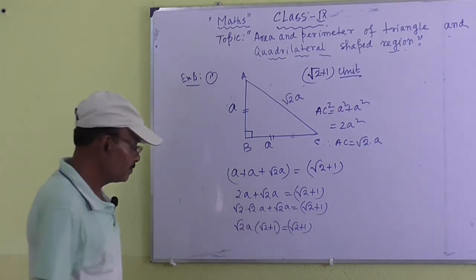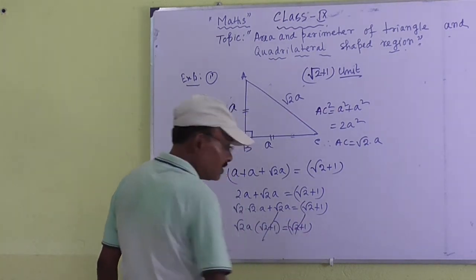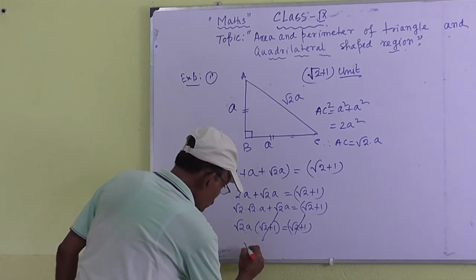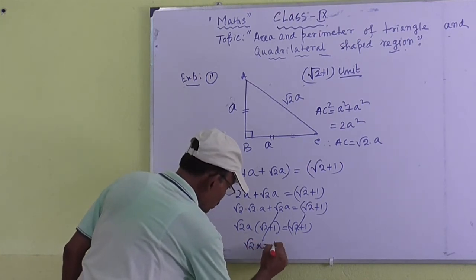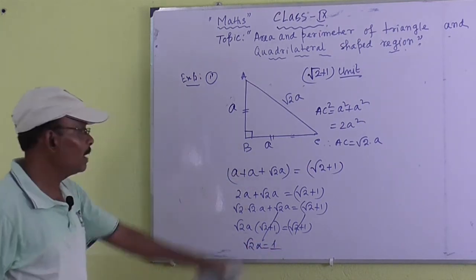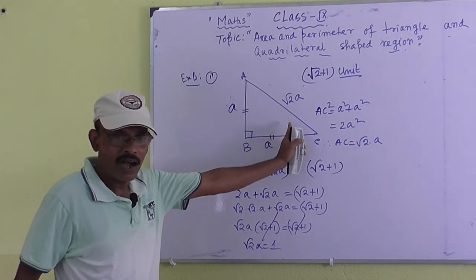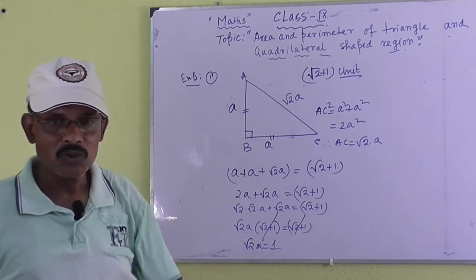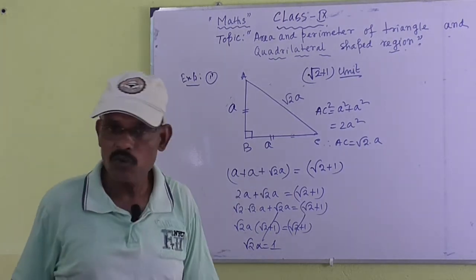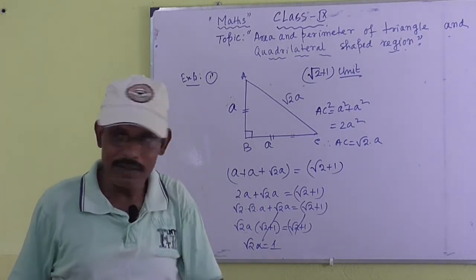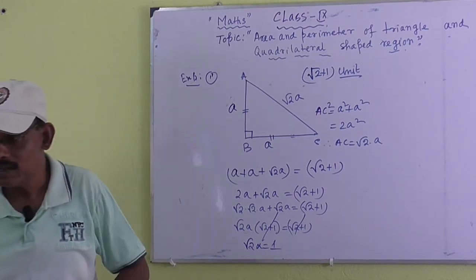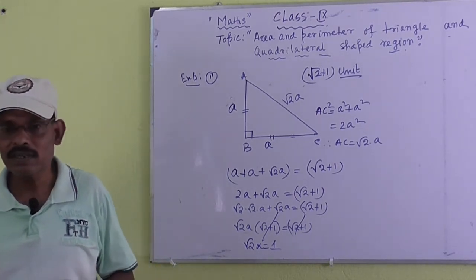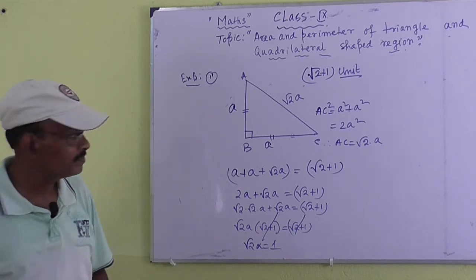Now, cancel this and this. So, root 2 into A equal to 1. So, the value of the hypotenuse, that means AC, root 2 A is 1. Understand everybody? I will give you the next example.